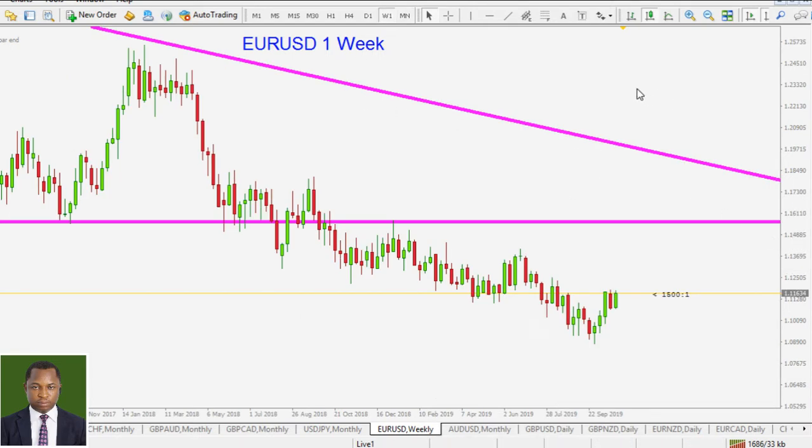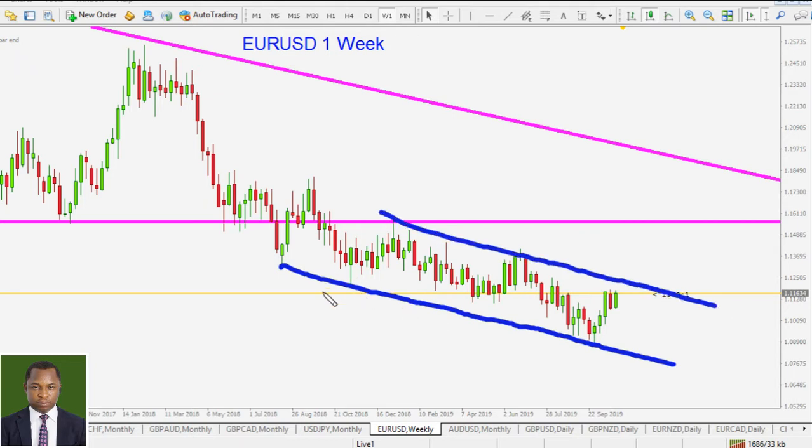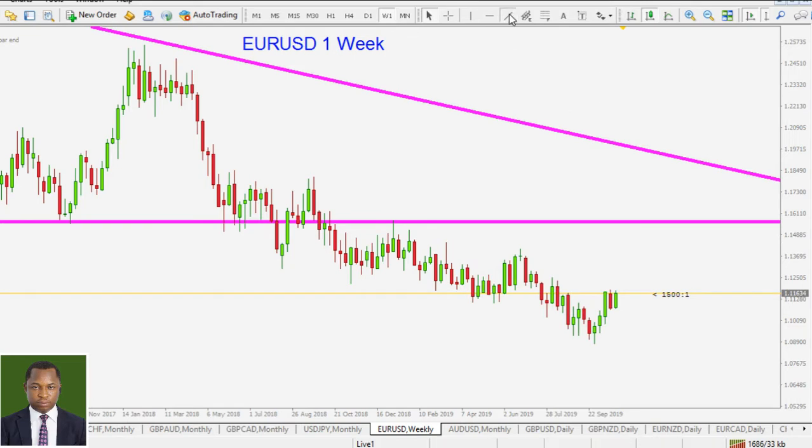In the weekly time frame, well, I had anticipated price to be in some form of a channel. Okay, ugly channel, but at the same time, let me just draw that level. Let's just draw that got broken to the downside. It didn't hold.